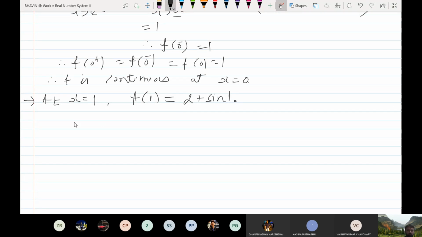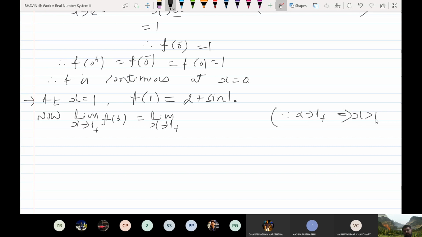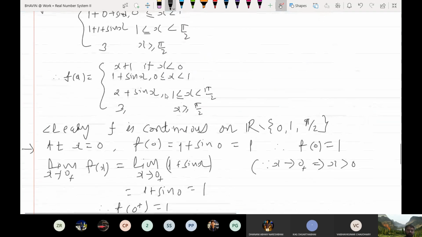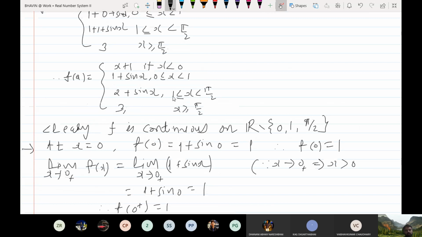Okay. So now limit x tends to 1 plus f(x) is equal to limit x tends to 1 plus. x tends to 1 plus implies x is greater than 1, and if your x is greater than 1, then the function takes value 2 plus sine x.